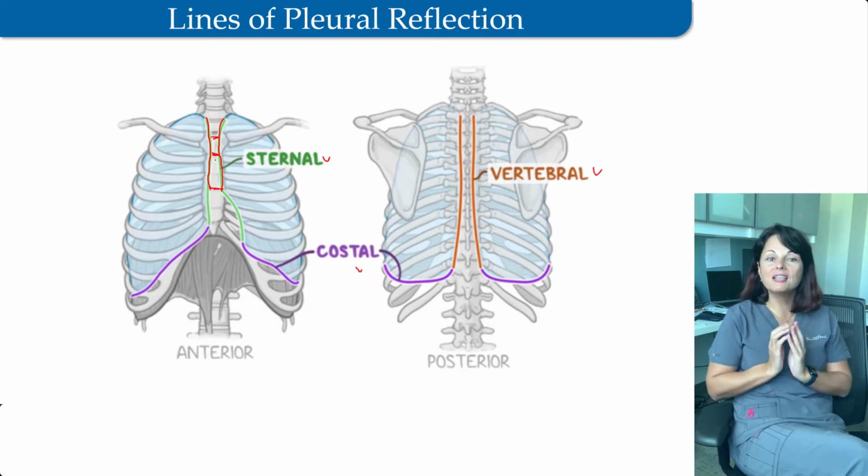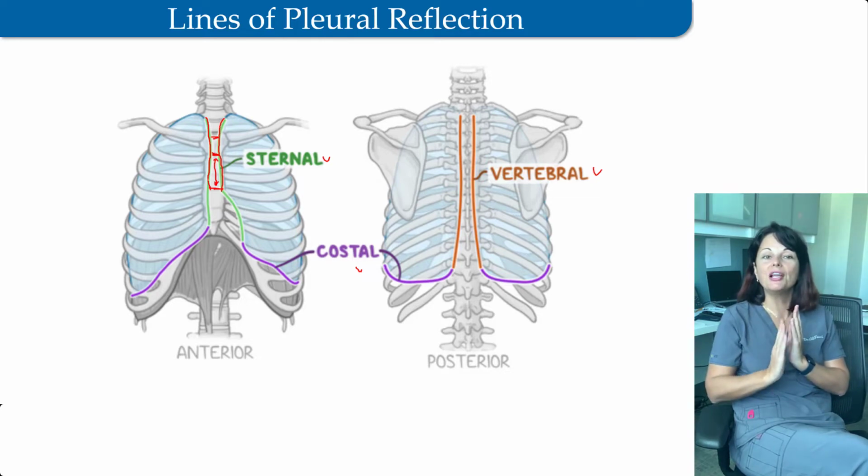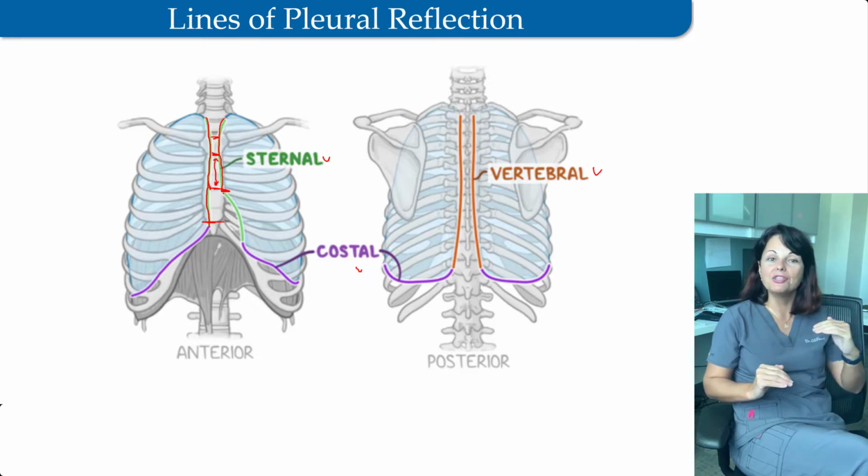Then, on the right side, the sternal line of reflection continues to pass inferiorly till the xiphoid process, that is the level of the sixth costal cartilage, while on the left side, the sternal line of reflection descends only to the level of the fourth costal cartilage. Here it turns to the left and then continues inferiorly to the sixth costal cartilage, creating a shallow notch that mirrors the cardiac notch of the lung.